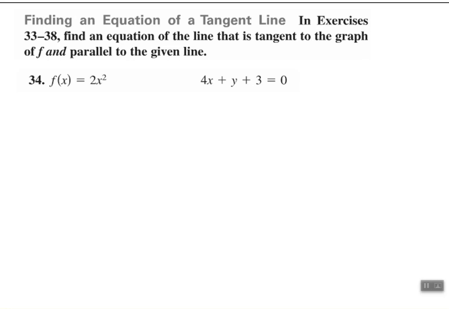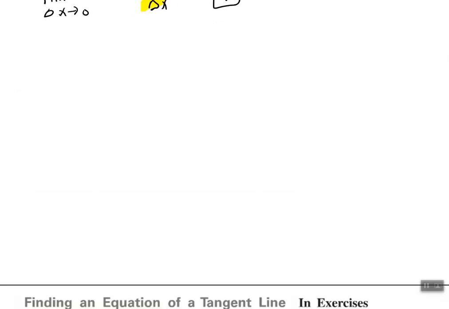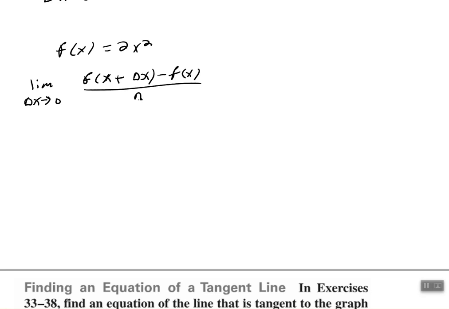Okay, so I'm going to go back up where I have some scratch paper and find the slope of f of x equals 2x squared using my limit process. So let's go back up here and find the slope of f of x equals 2x squared, using our limit process.